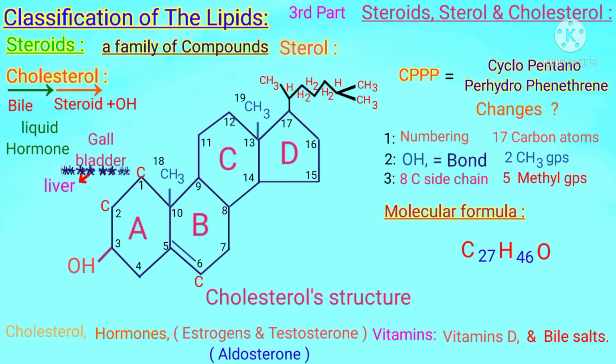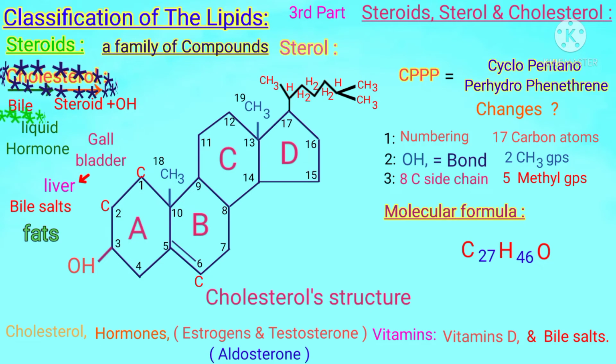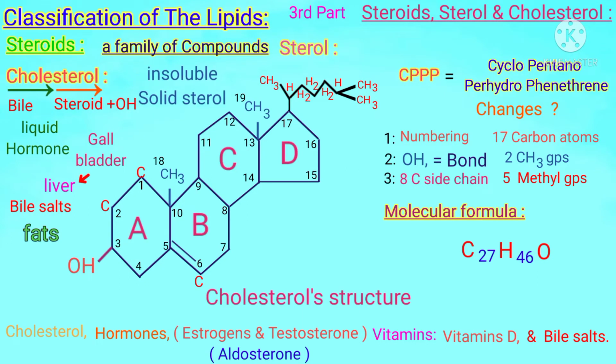This gallbladder stores bile salts which are helpful in the digestion of fats. So because cholesterol was first discovered in the bile, it was assigned this specific name. You can also call it solid sterol or insoluble solid sterol.